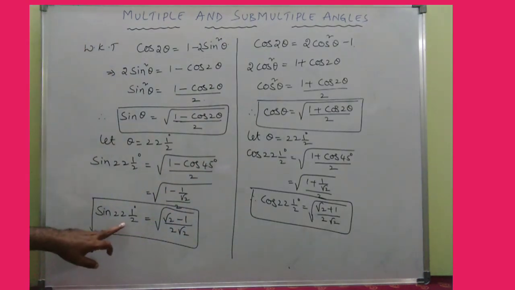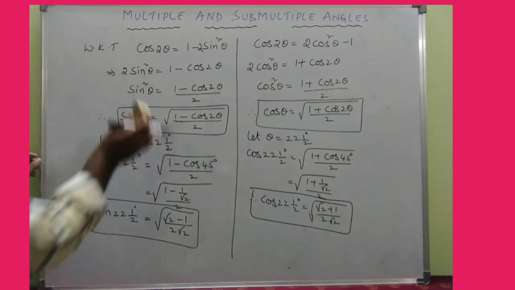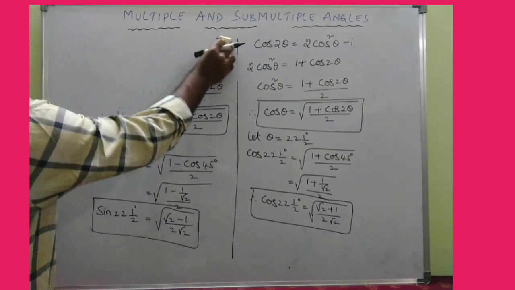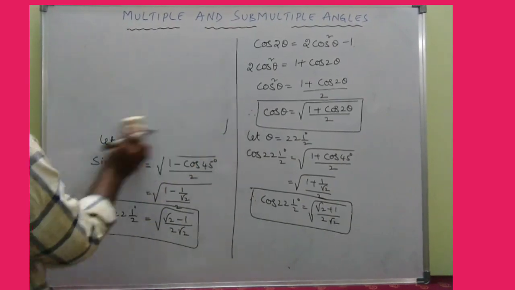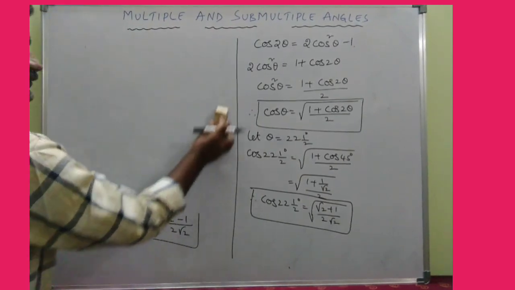We know that sin 22 and a half degrees is root of (root 2 minus 1) by 2 root 2, as well as cos 22 and a half degrees is equal to root of (root 2 plus 1) by 2 root 2. Once we know the values of sin and cos, can you find tan or not? We can.